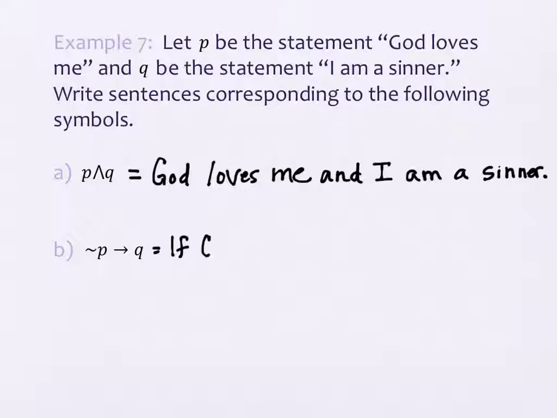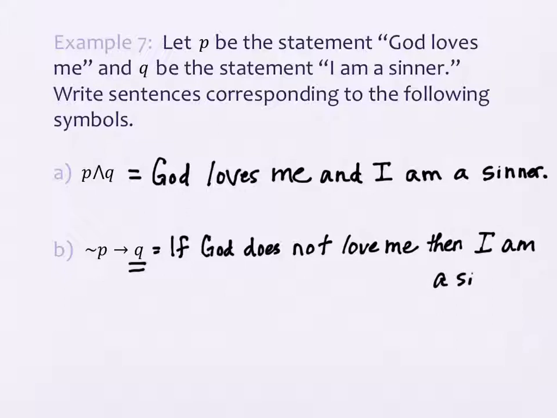It would be if God does not love me. Okay, and then we'll have a then, and we will have the statement Q, because that's where we end on this. Then, I am a sinner.